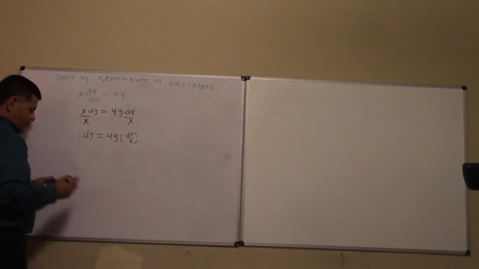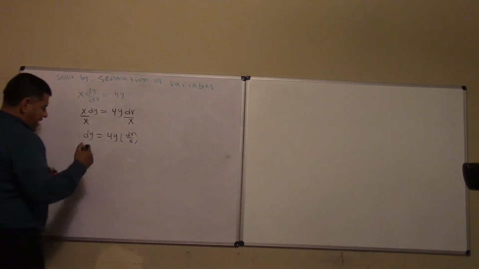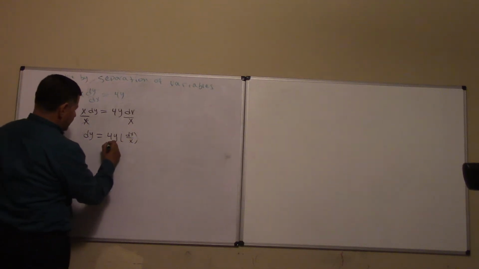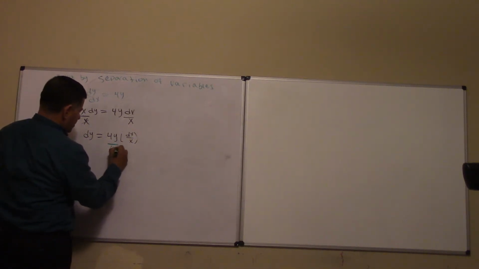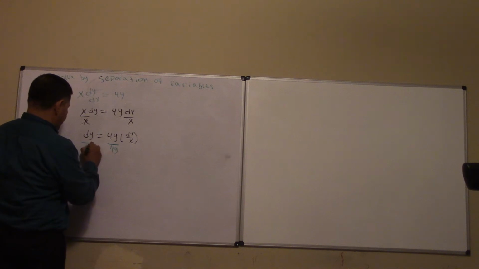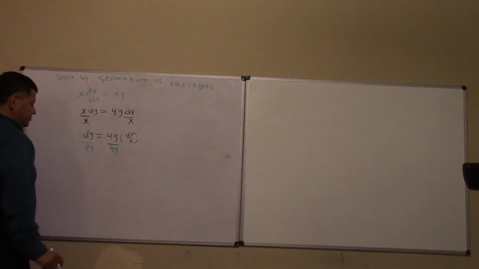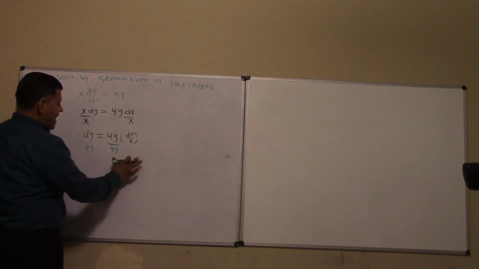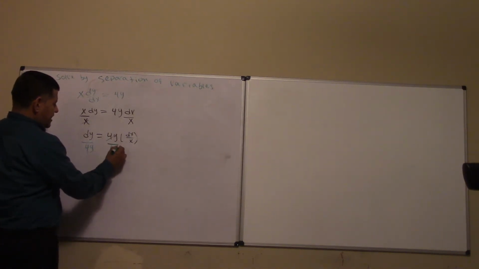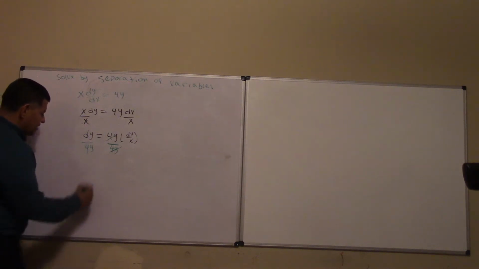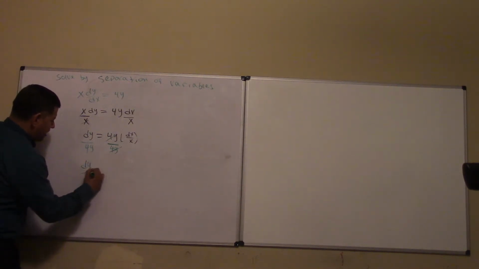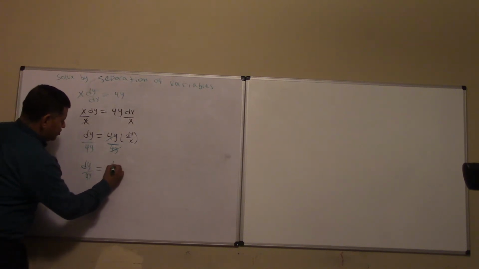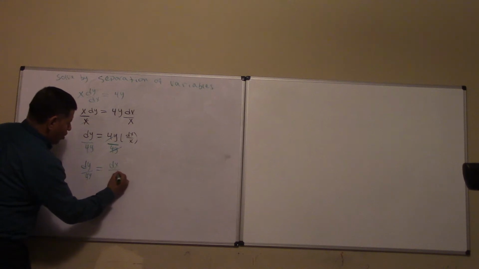So what I can do is divide again by 4y. Now, if I divide that, I will have dy over 4y equal to dx over x.